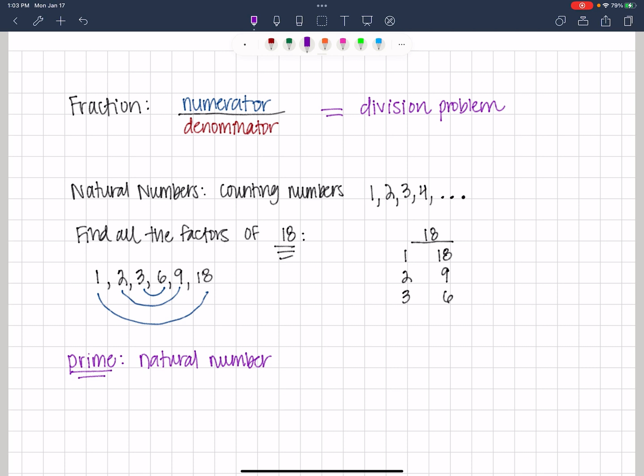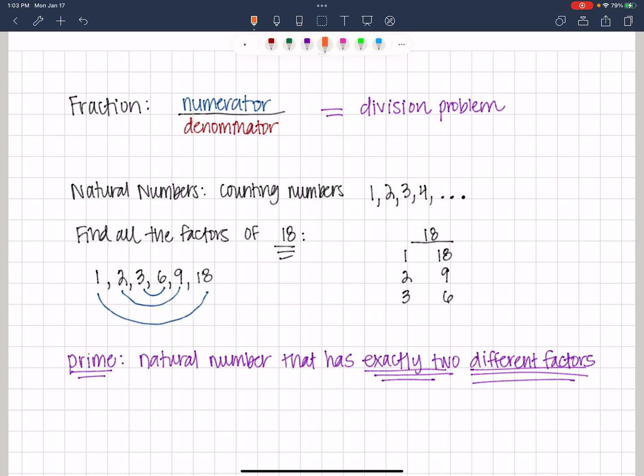So any of those counting numbers, a natural number that has exactly, no more and no less, exactly 2 unique or different factors.